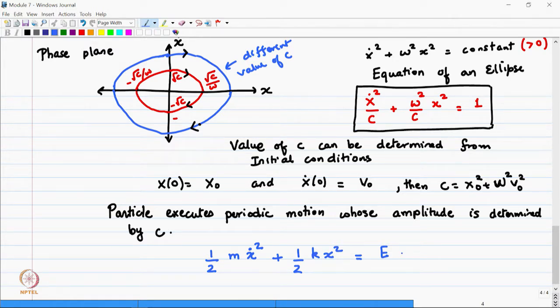I can write this, if I take the E in the denominator, as x dot square divided by 2E by m plus omega square x square, where omega square is nothing but k by m, divided by 2E by m equal to 1. And now you can see that it is exactly in this form.